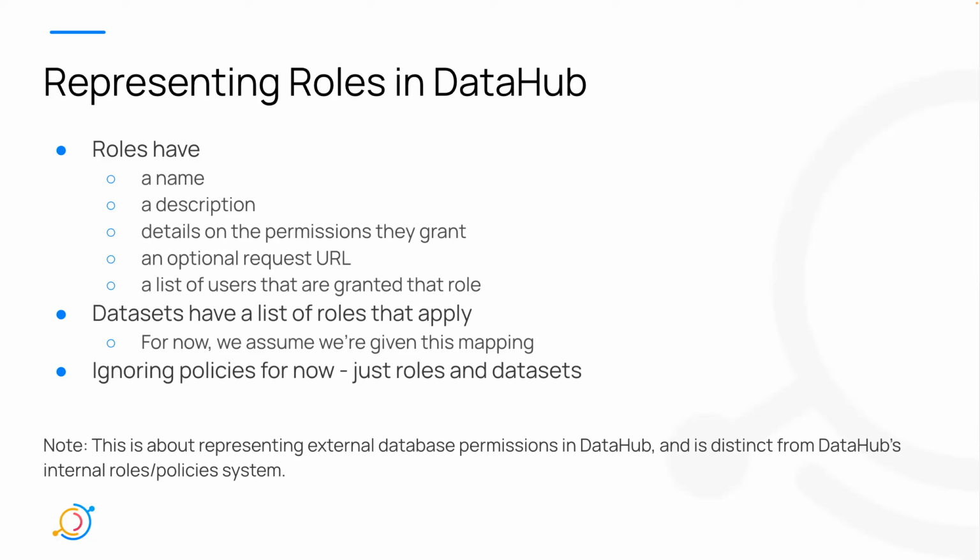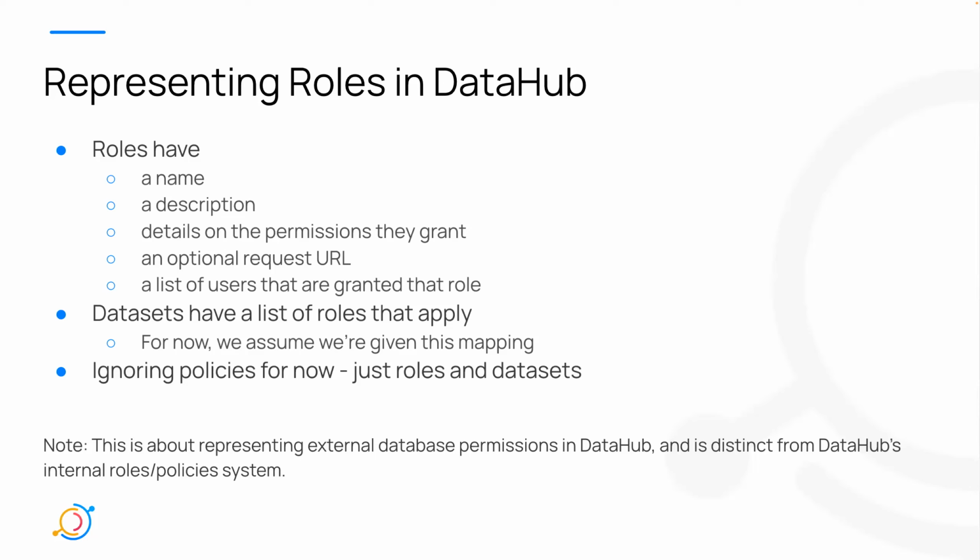Just to make sure I'm clear, this is all about representing permissions of external systems within DataHub, and is distinct from the internal role and policy system that DataHub uses for determining if you have access to view a given data set within DataHub.